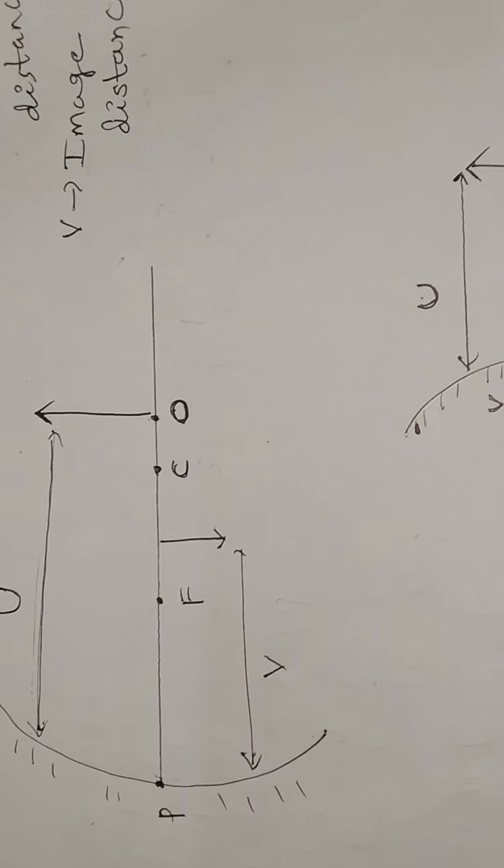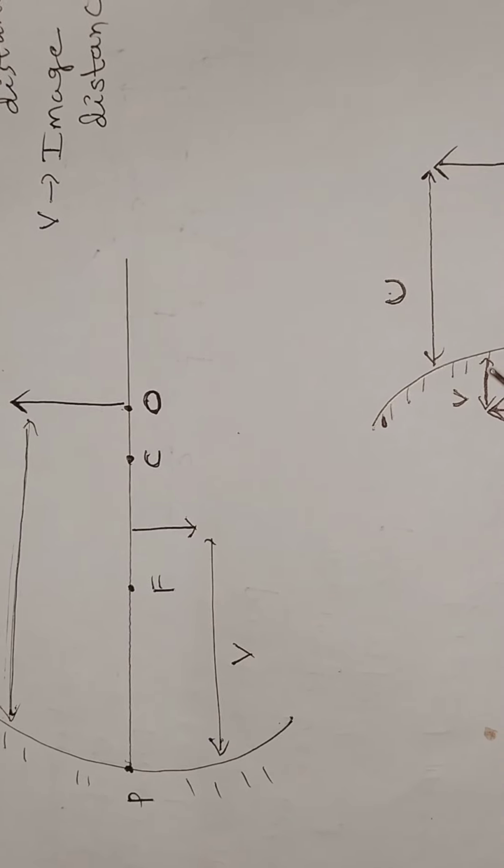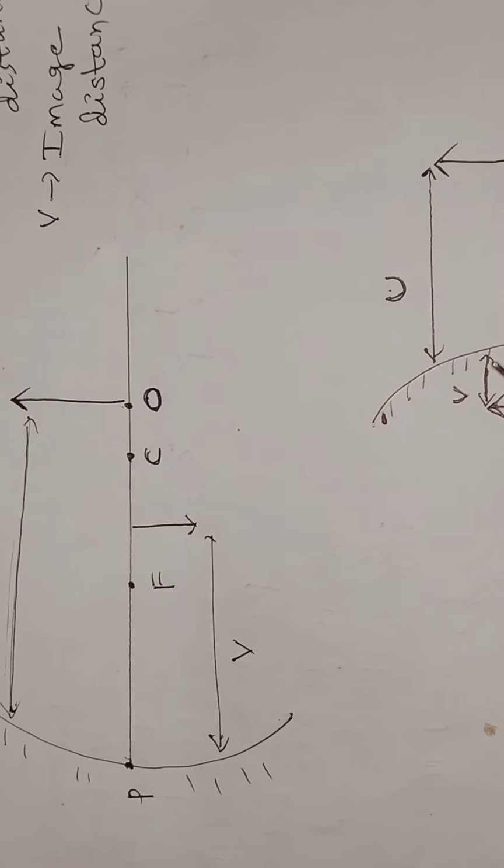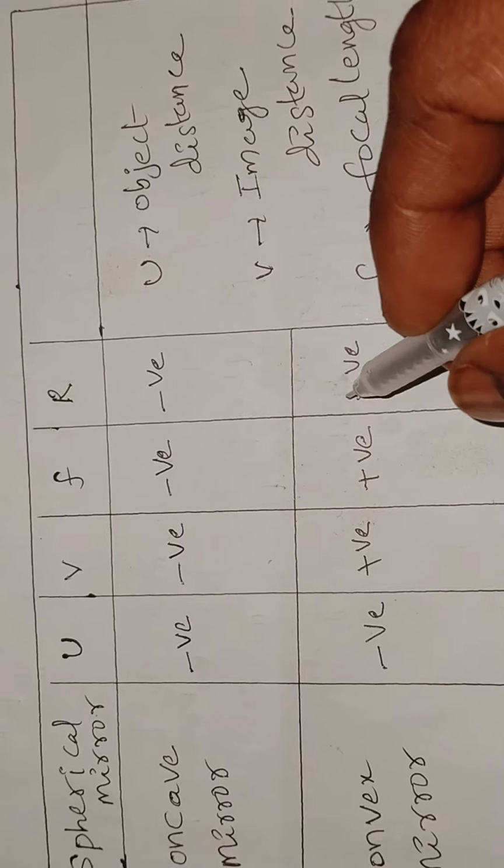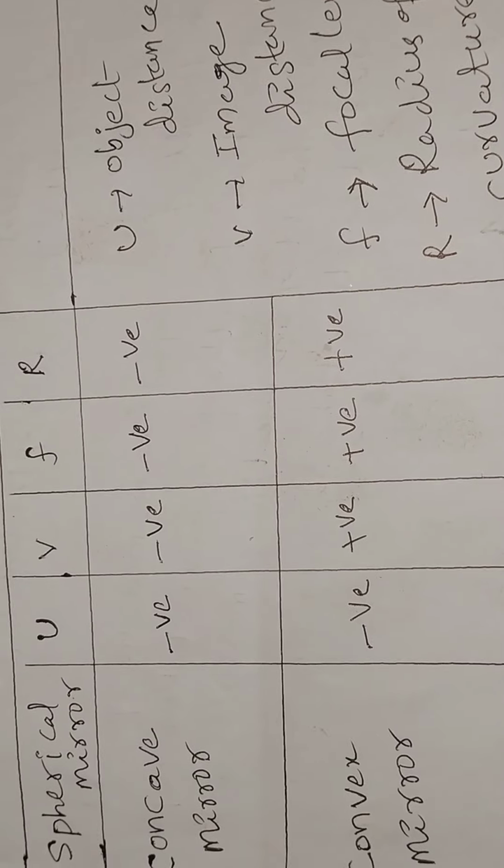In case of a convex mirror, except object distance, the remaining distances, image distance, focal length, and radius of curvature, are all taken as positive.